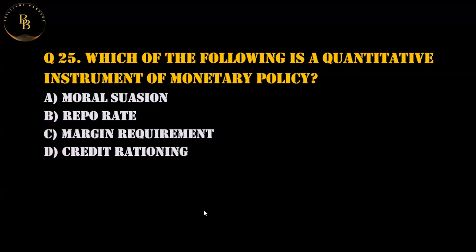And the right answer will be repo rate. Quantitative tools affect total volume of credit. Qualitative tools guide sectoral flow. So in this condition, it is repo rate, which is a quantitative tool.